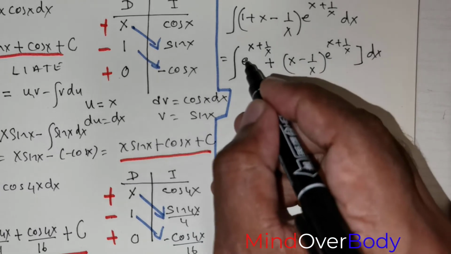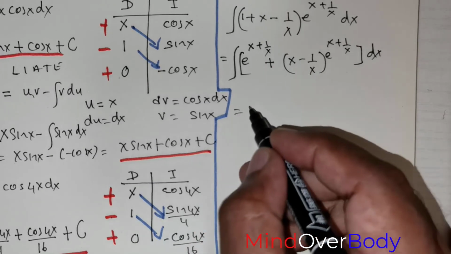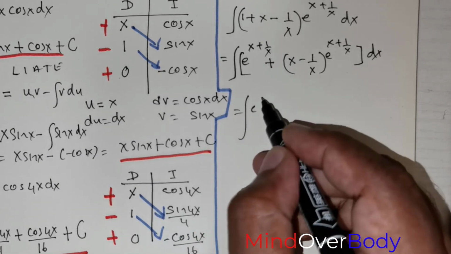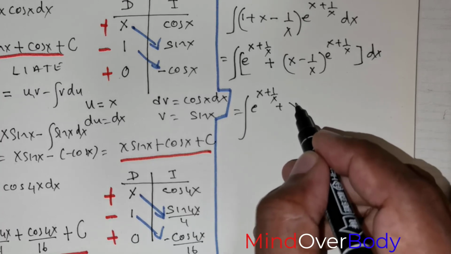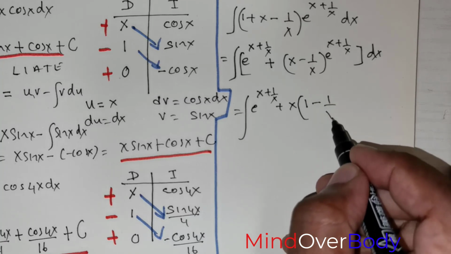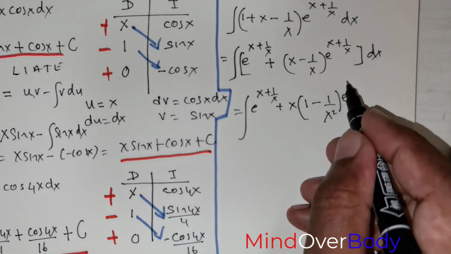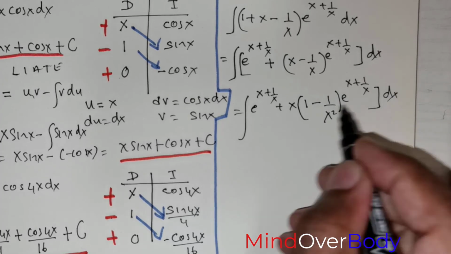Now over here I'm going to take x out. So this is going to be e raised to the power of x positive 1 over x positive, if I were to take x out, this would become 1 followed by negative 1 over x squared times e raised to the power of x positive 1 over x times dx.